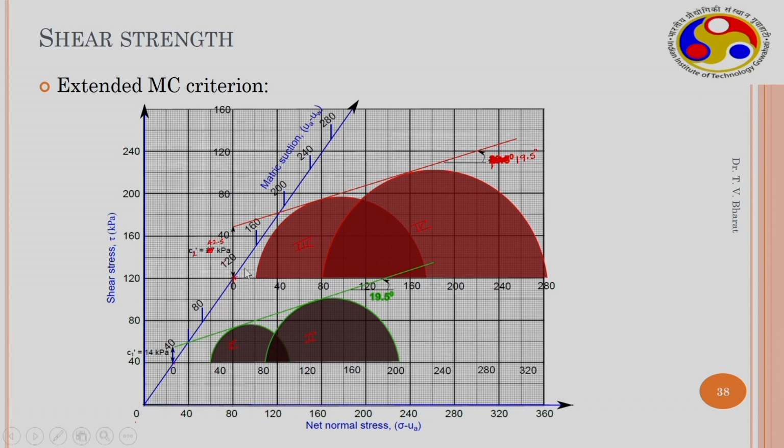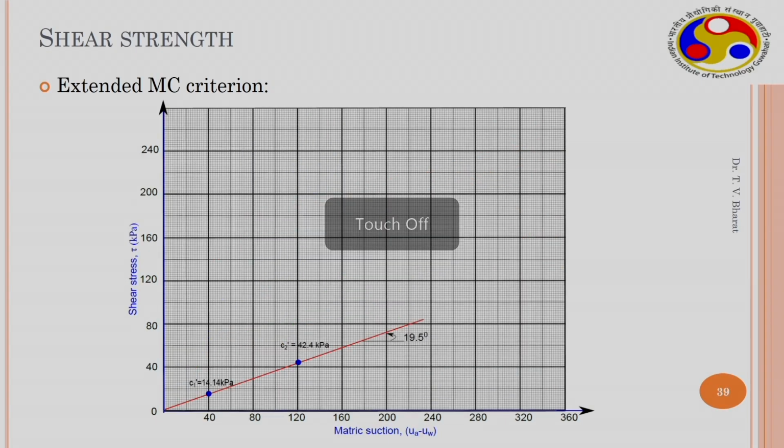So this is how we locate all the 4 test data on the 3-axis plot. Now, once we have phi dash and the cohesion intercepts, the first intercept value is 14 kilopascal, obtained at a matrix suction value of 40, and another intercept is obtained, that is 42.5 at 120 kilopascal.